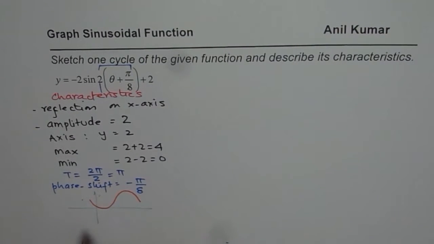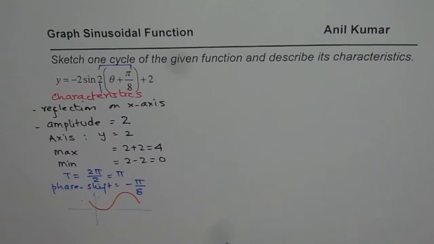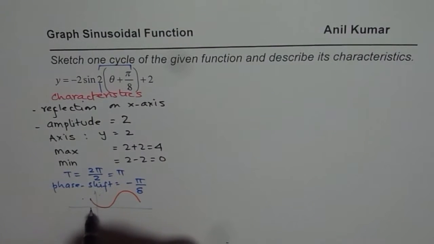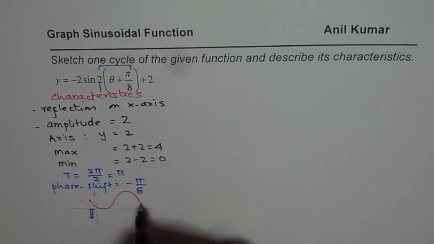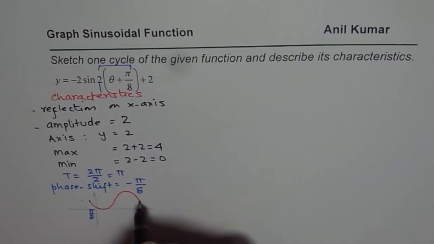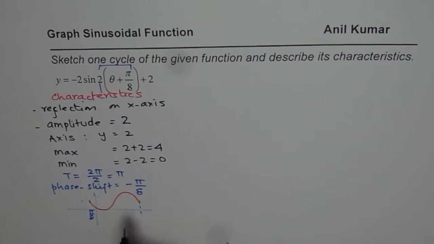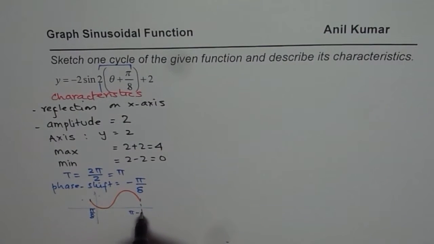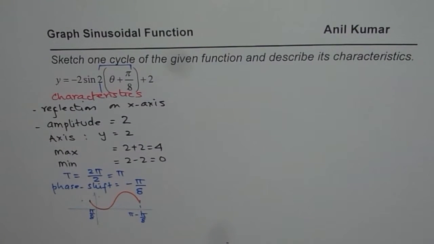That is how one full wave is, where it starts from minus pi by 8. And the time period, as you can see, is pi, so it ends at pi minus pi by 8. That is going to be the graph for the function, where this point is pi minus pi by 8. And the maximum and minimum values are 4 and 0, as you can see. So that is going to be our final graph.